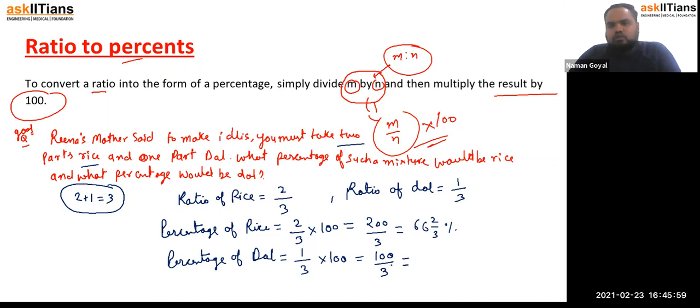When you solve this, you will get 33 1/3 percent, 1 by 3, not 1 by 2. So first we have to find the ratio of that particular item, then we can find the percentage for that item. This is how we convert ratio to percentage.